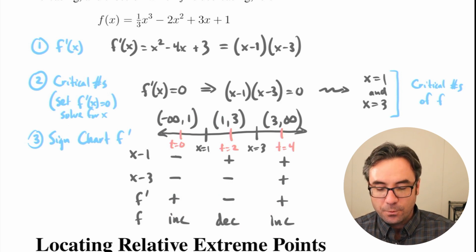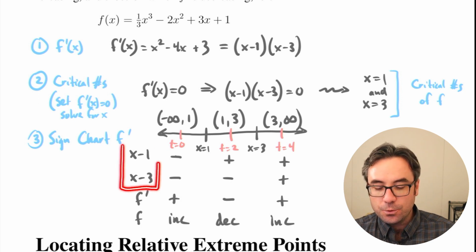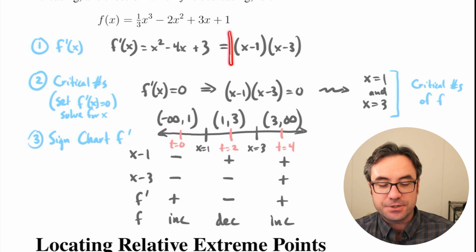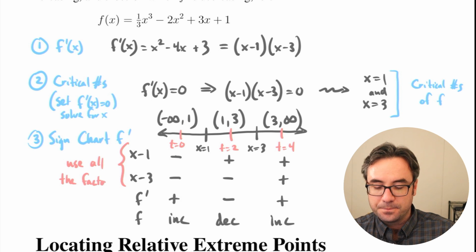And so when you take this approach, you want to use all of the factors in f prime. So just a little caution there. You want to use all the factors as is.